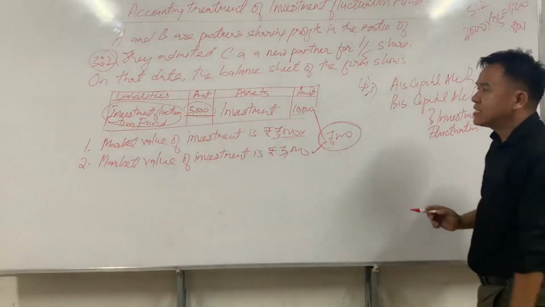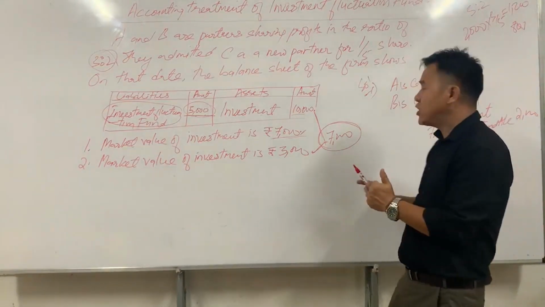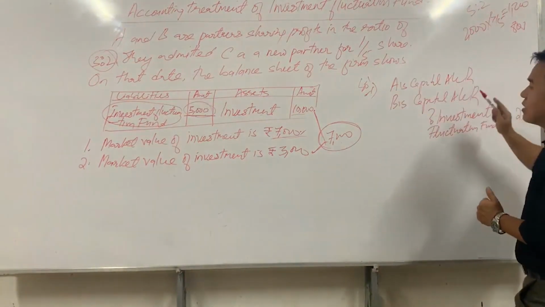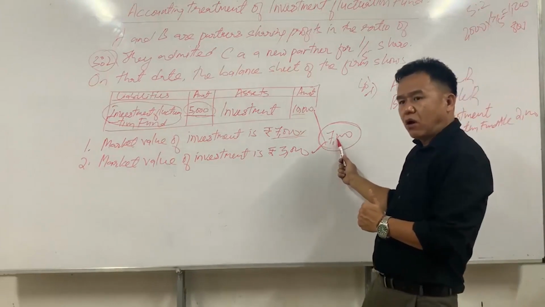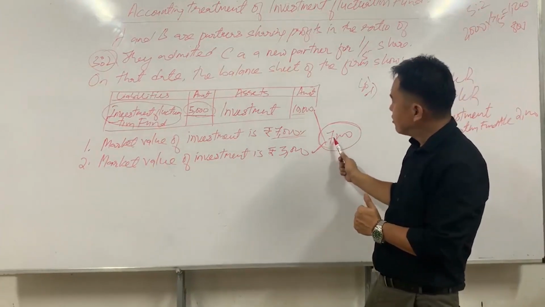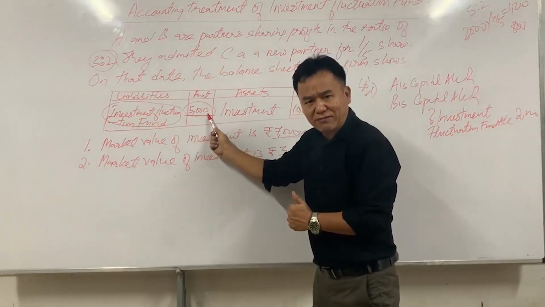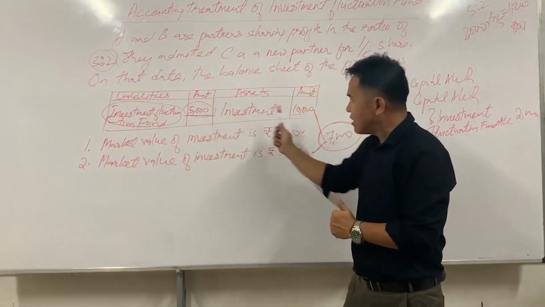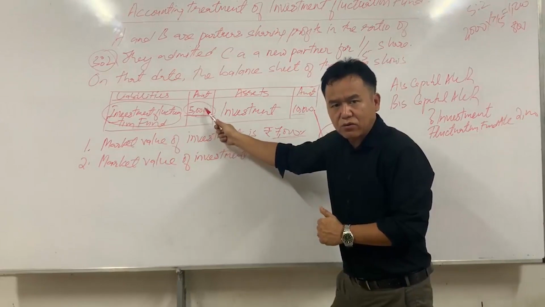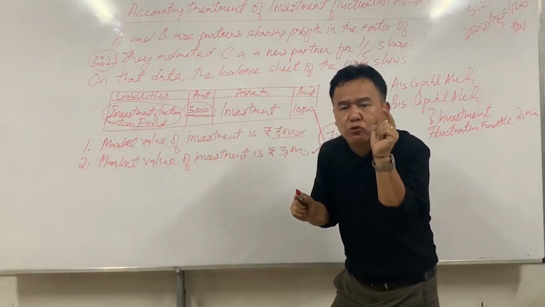Why so? There is a shortage of rupees 2,000 which will be borne by whom? A and B. How? Loss on revaluation of investment is 7,000 and fund available with us is 5,000. So can we make 7,000 out of 5,000? No, since there is a shortage of rupees 2,000.